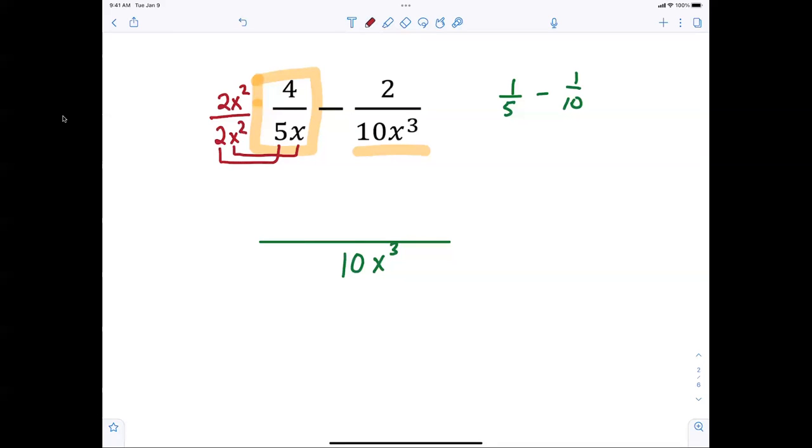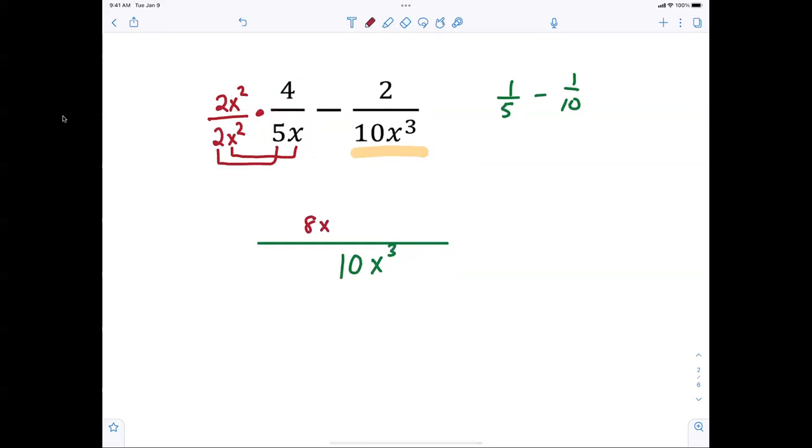What do I do with these two? It's 8x squared because you're multiplying. Remember, you're multiplying these two things together. Why am I multiplying? I'm multiplying because I'm trying to get a common denominator. So 2x squared times 4 is 8x squared.